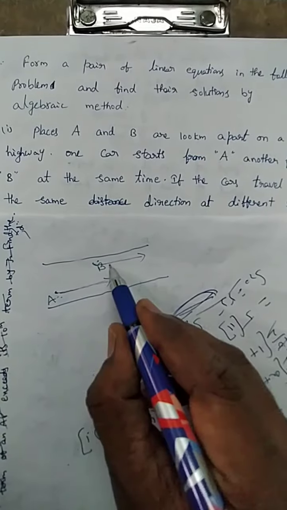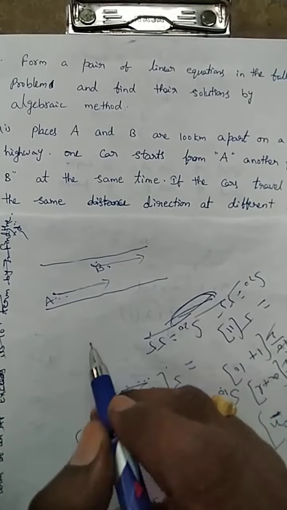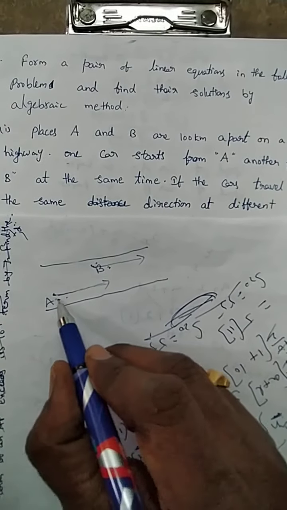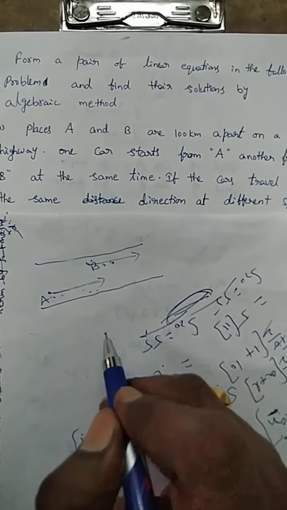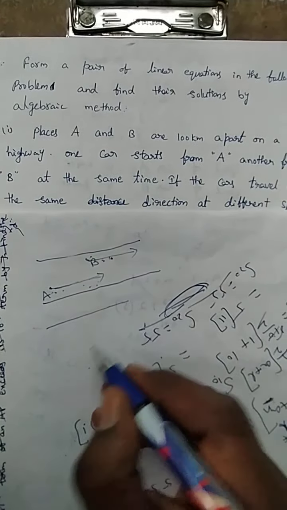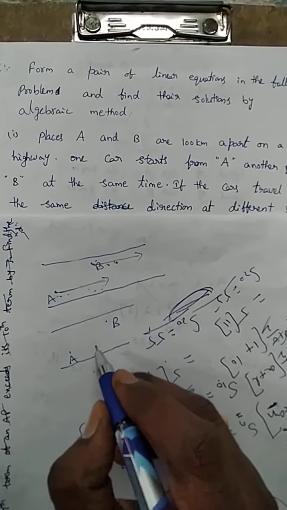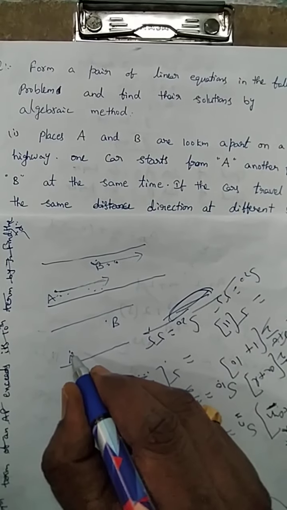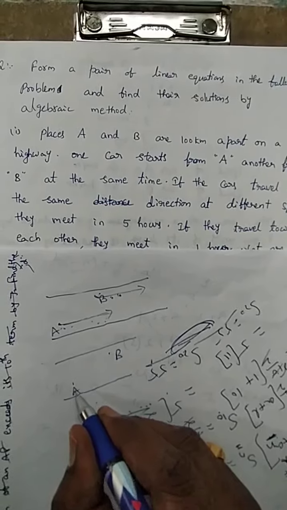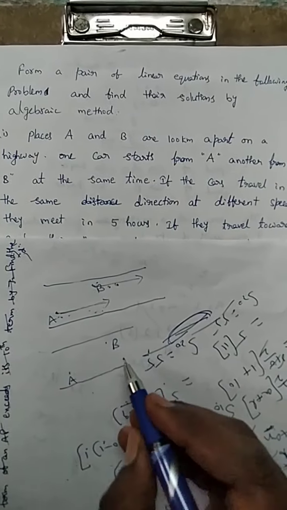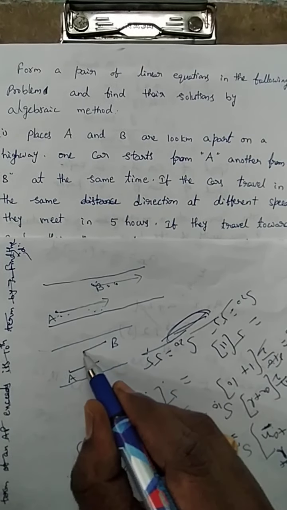The cars will meet after 5 hours. Clear what I said? They are traveling in the same direction, they will meet after 5 hours. That's the first condition. Then the second condition: the cars move towards each other, which means one is moving to the east side and the other to the west side.